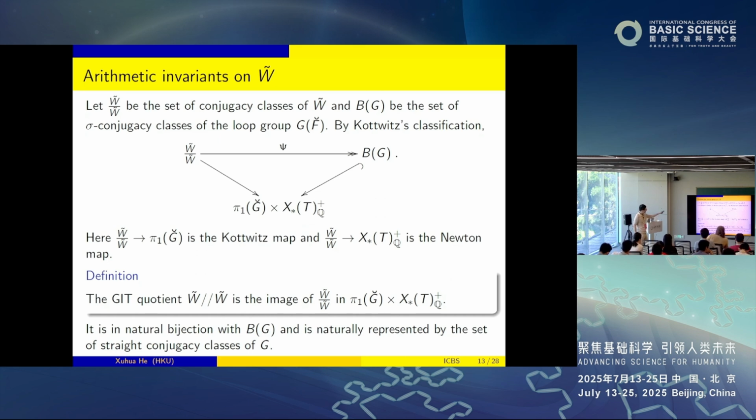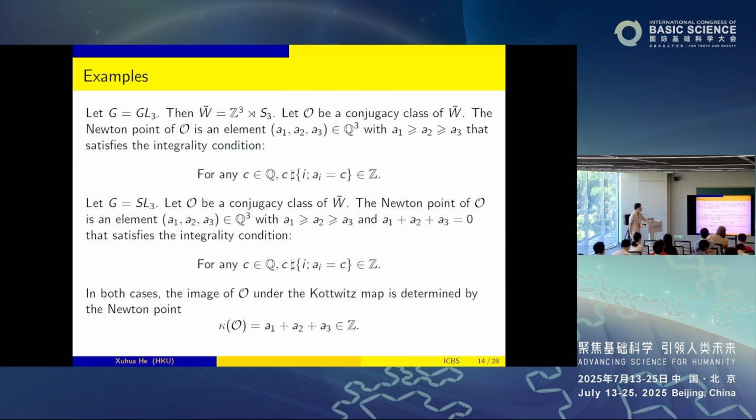This map from a conjugacy class to its GIT quotient is not injective, but there is a natural cross section given by some special conjugacy classes, which we call the straight conjugacy classes. Here I gave an example to show how the Newton point is calculated.